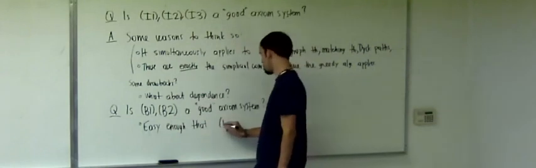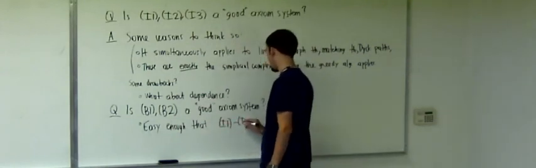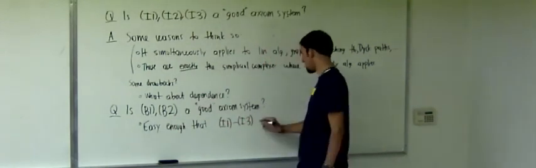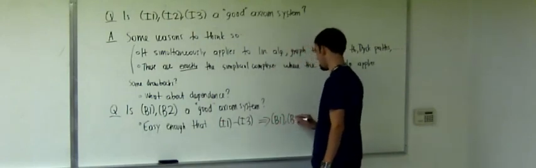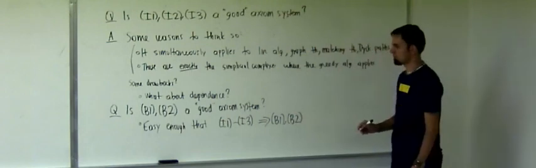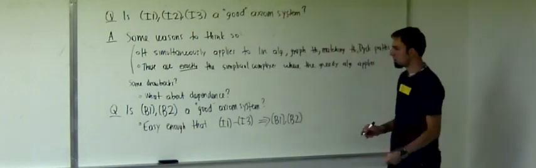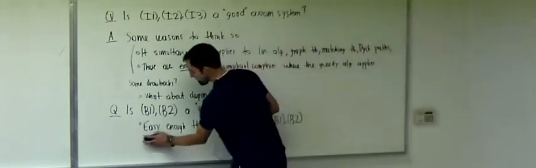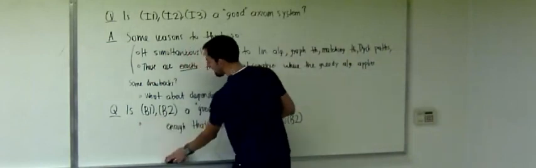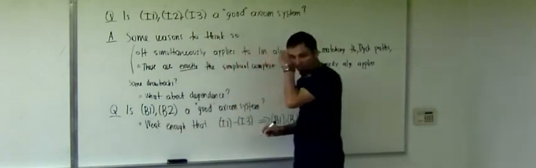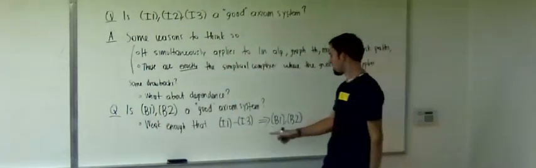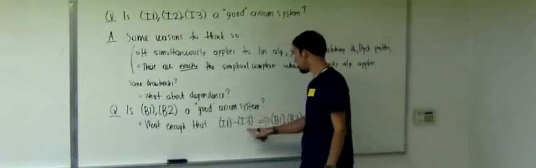If you know that I1 up to I3 hold, then you're going to know that B1 and B2 hold. Normally, the word mathematicians like to use for this kind of thing is weak enough. These axioms are weak enough that we saw a proof that if this holds, then this holds.